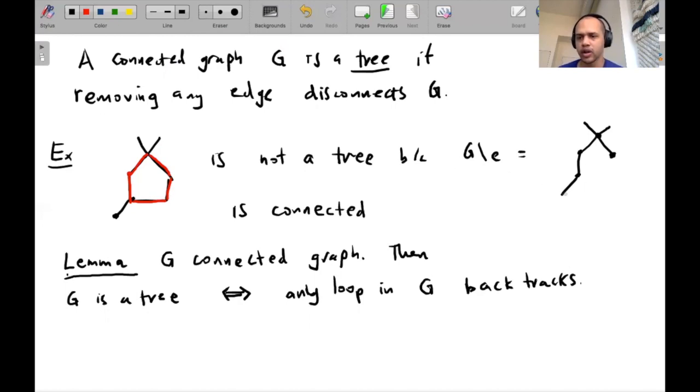And if you're in a tree, then there's just no way to find such a loop. If you're in a tree and you start along some sequence of edges and then you want to return back to the vertex that you started at, you have to at some point turn around. So this is what the lemma is saying.